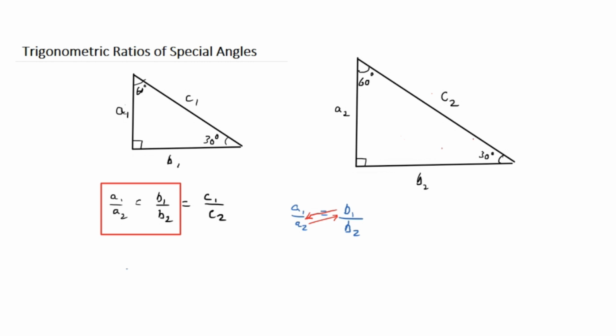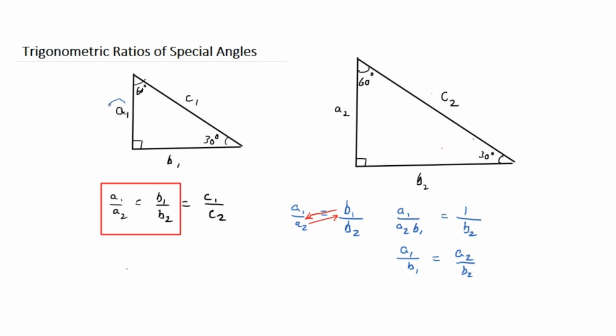So what we get instead is that A1 over A2 times B1 is the same as 1 over B2, since B1 is going to cancel out. And then multiplying both sides by A2, A2 will get cancelled out here. So I get that A1 over B1 is equal to A2 over B2.